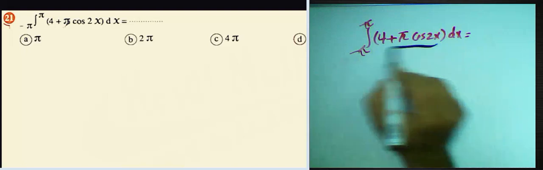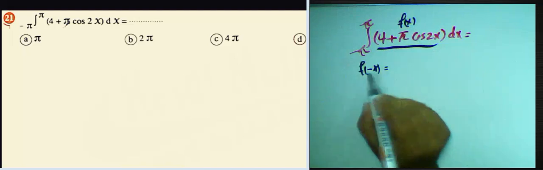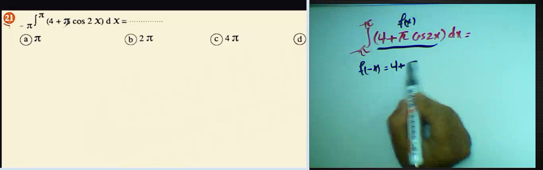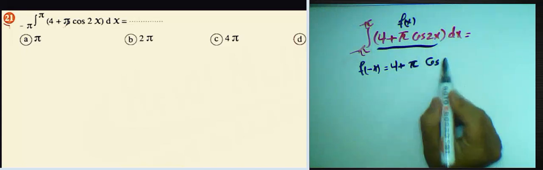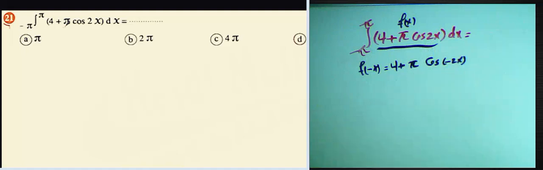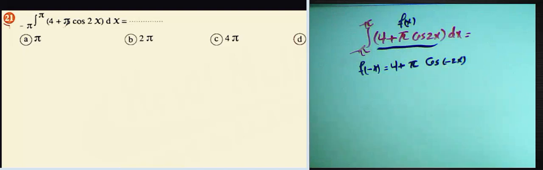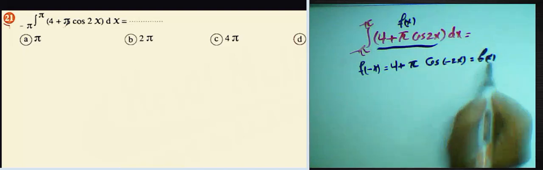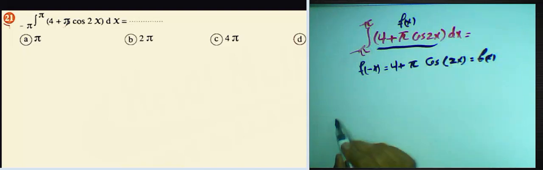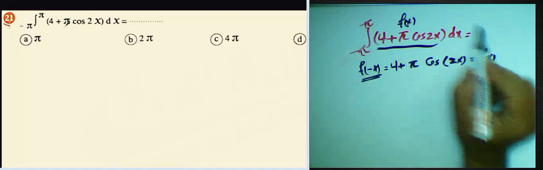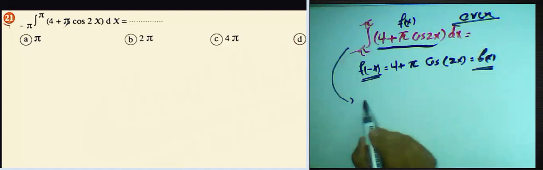Because if we put this function as f of x and we want to find f of negative x, here it will be 4 plus pi cosine of negative x, and it will be positive because cosine cancels the negative sign, so f of negative x equals f of x. This function is even.